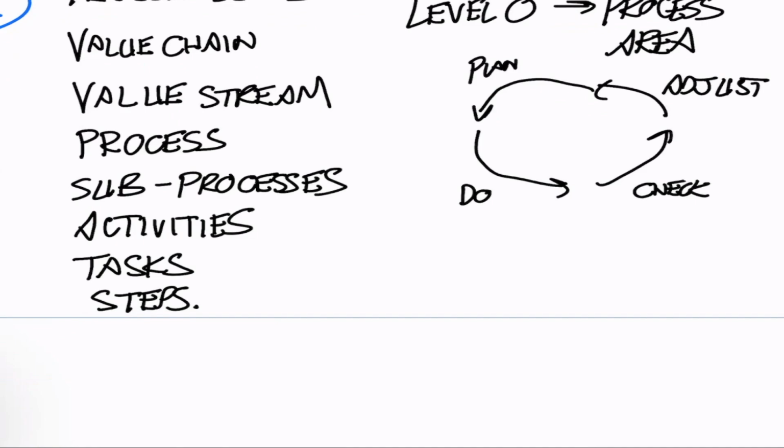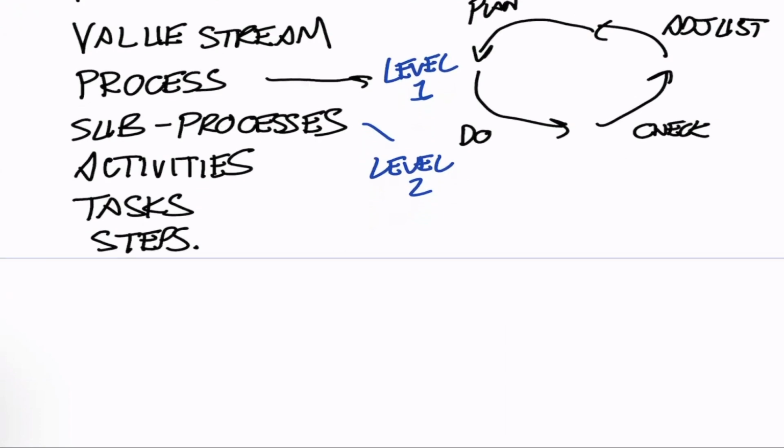And then as we go down, so process, we'll find that's where your level 1 emerges. That's usually subdivided. Level 2, you might hear this nomenclature. And then when you get down into this is level 3. And it's not exact tasks or steps being level 3 or level 4.